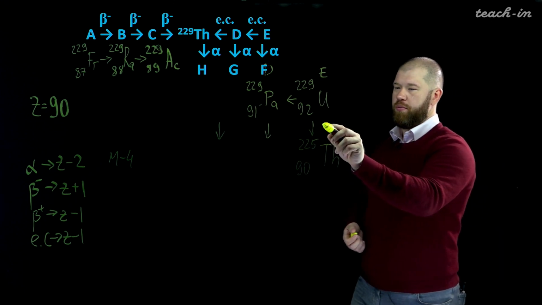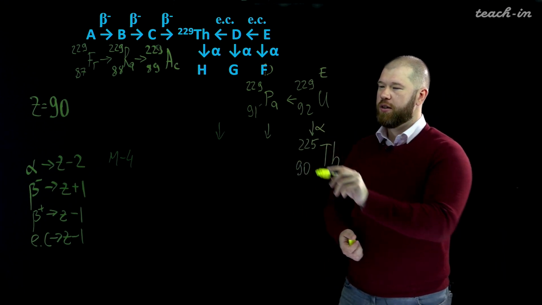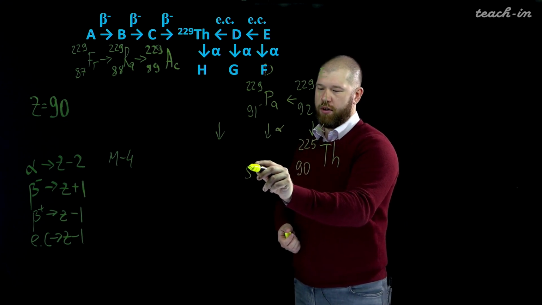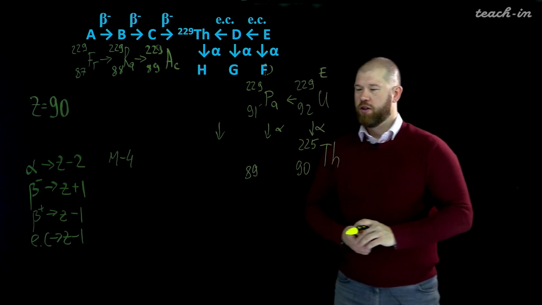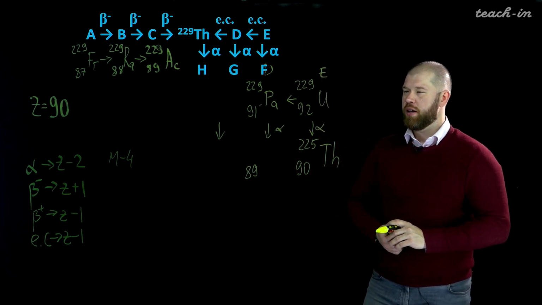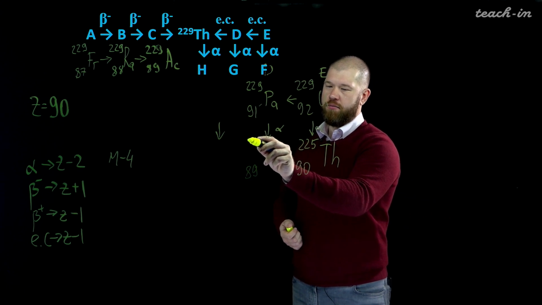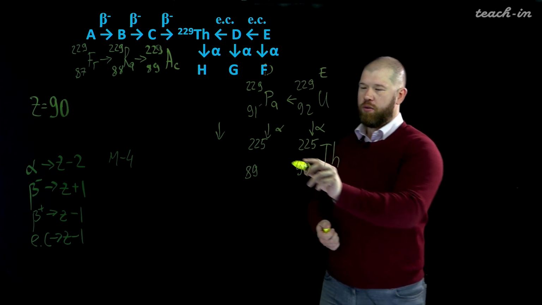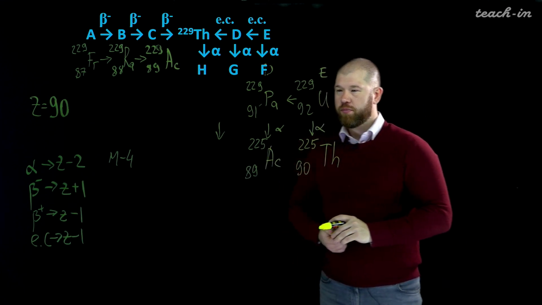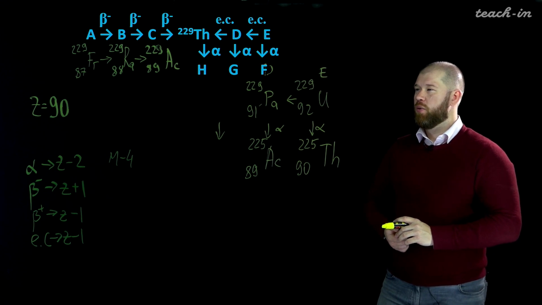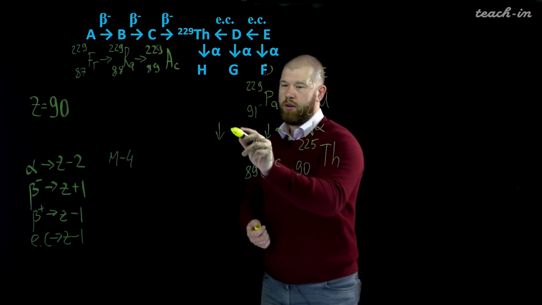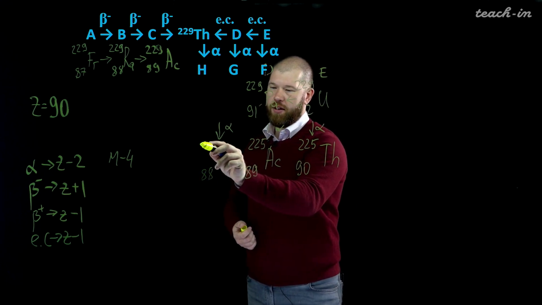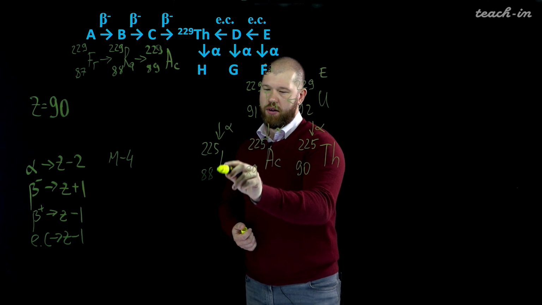For protactinium, again, it is alpha decay, and we can easily calculate the charge of the nucleus, like 89, and the same mass, 225. And again, we already know it's actinium. And now for thorium, it's alpha decay, thus the charge is 88, mass again 225, and it is radium.